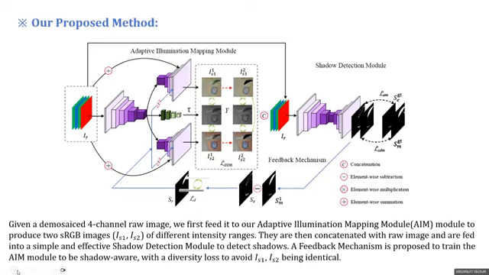They are then concatenated with the raw image and fed into a simple and effective shadow detection model to detect shadows. A feedback mechanism is proposed to train the AIM module to be shadow aware, with a diversity loss to avoid IS1 and IS2 being identical.